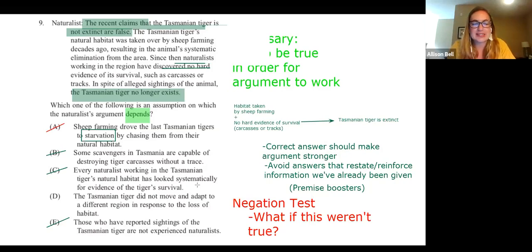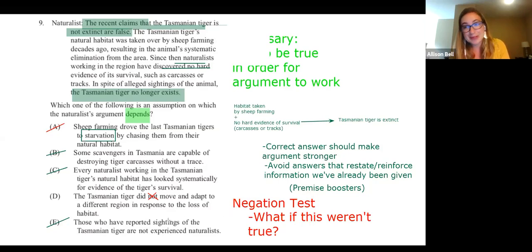So D says the Tasmanian tiger did not move and adapt to a different region. If I want to use the negation test, I would say the Tasmanian tiger moved and adapted to a different region in response to the loss of habitat. Okay, so they've looked for the tiger in this region and they couldn't find any evidence of it, so they came to the conclusion that it's extinct.